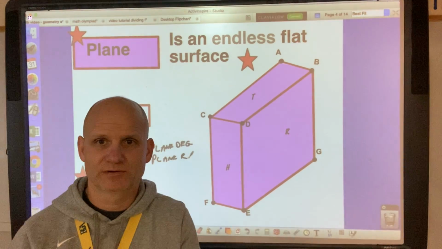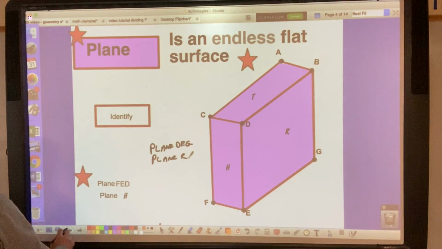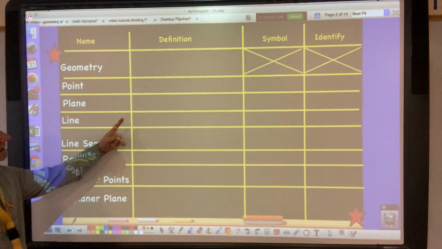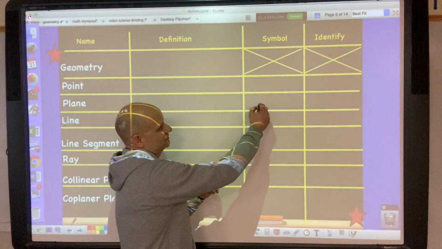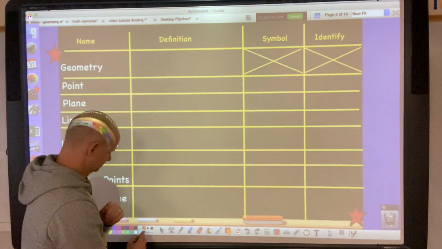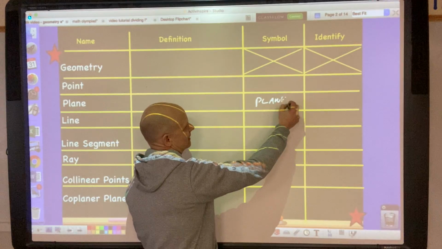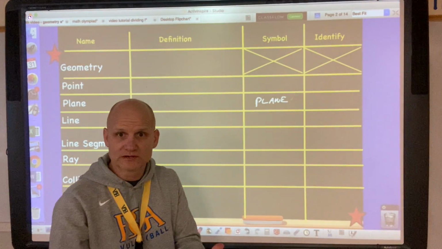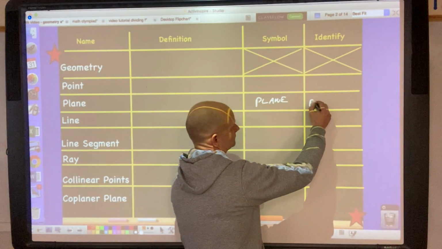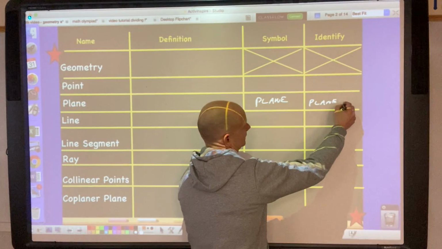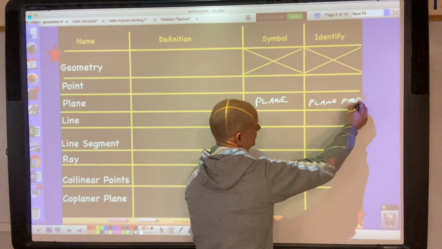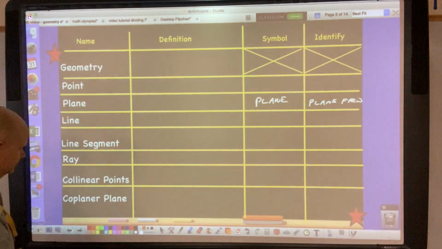So, what is a plane? Write that down in your definitions. And then the symbol, you just use the word. And how do you identify? You identify with 3 points. So you would say something like plane FED. Okay, moving on.